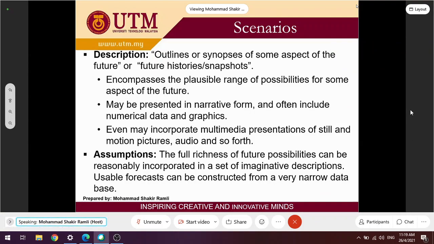An example of scenario is in real estate or housing advertisement.